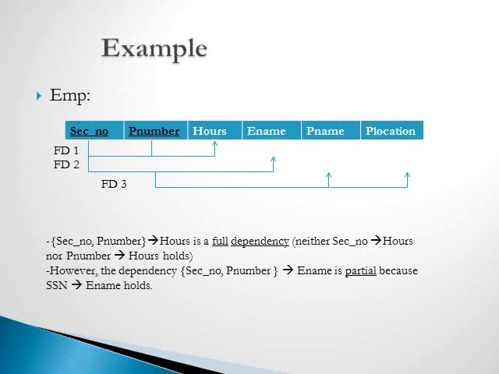According to FD1, hours is fully functionally dependent on social security number and P number. But ename is partial because ename is dependent on only social security number. So this relation is not in second NF.